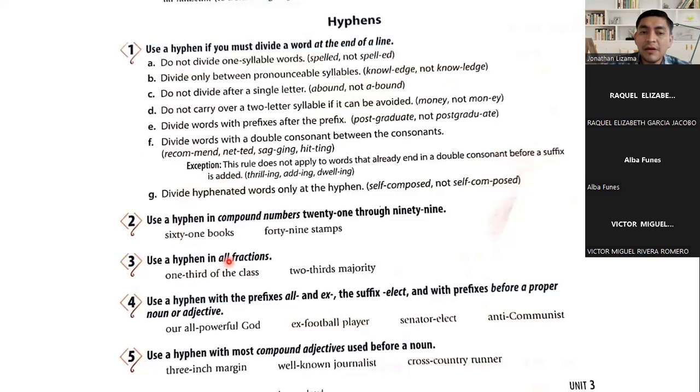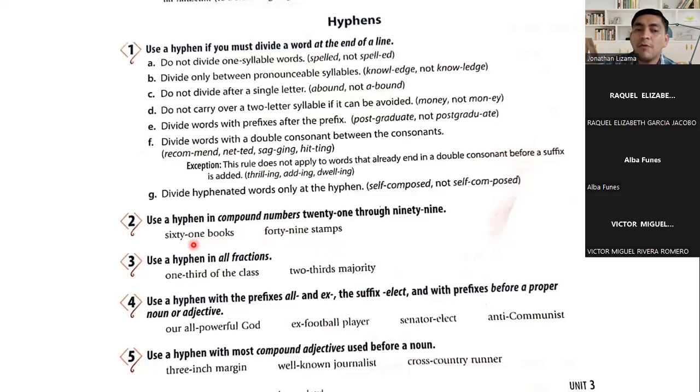En este caso, este es un adjetivo. ¿Cuál es el sustantivo? Books. Stamps. Okay, if you say 61 books, it's because 61 is an adjective. 49 stamps, 49 is an adjective. Solo cuando son adjetivos.